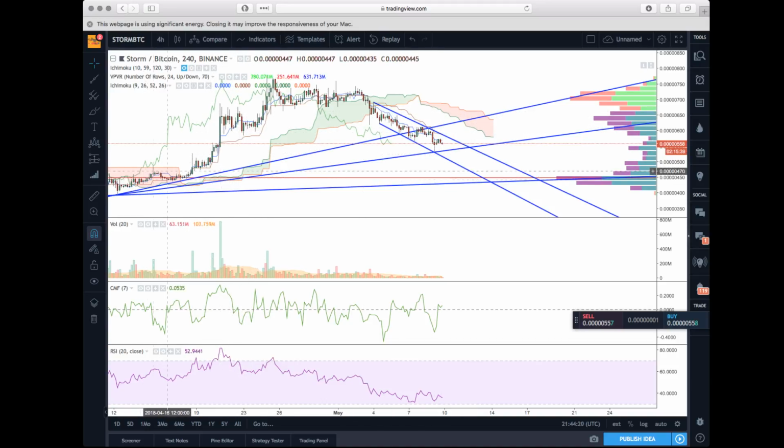Or if you're lucky enough to have gotten it back here, you're just facing the possibility of exiting with less profit and having to buy back in if it does bounce at this area, instead of having exited up here and then buying back in this area, or maybe even lower at this area.